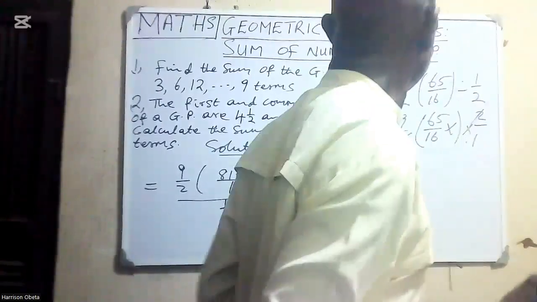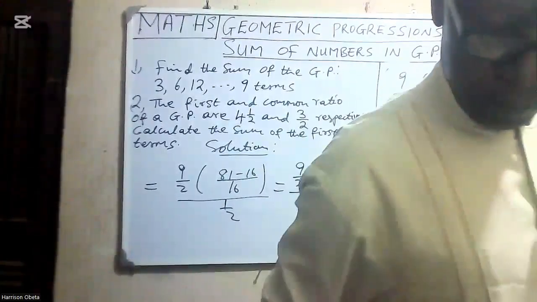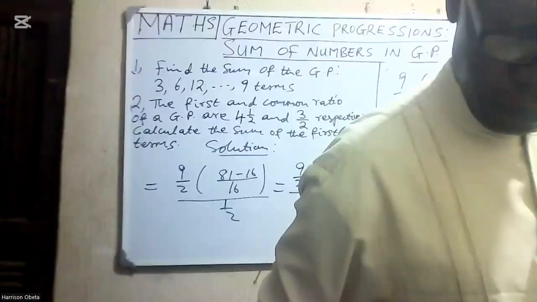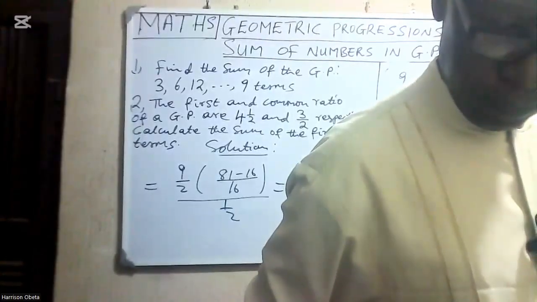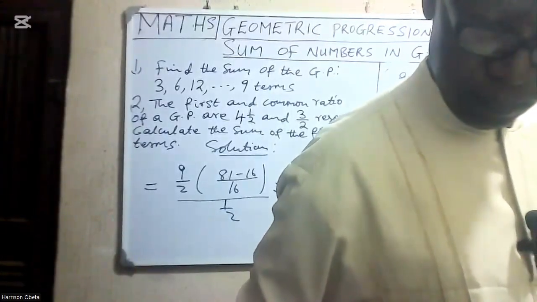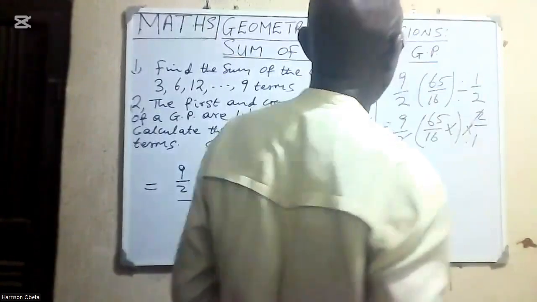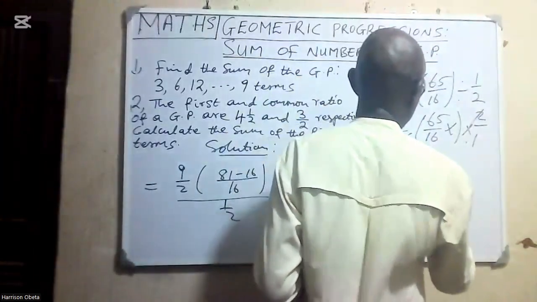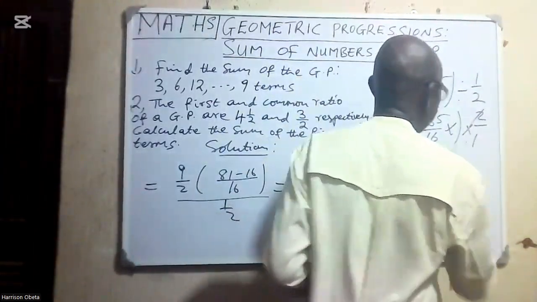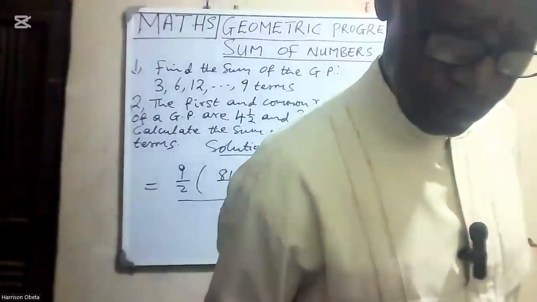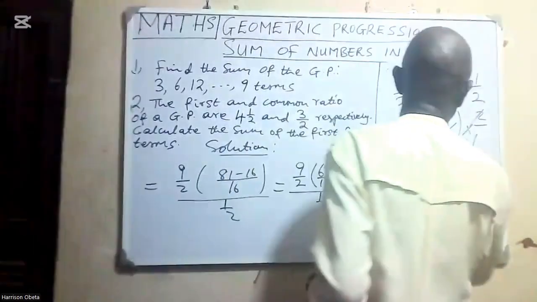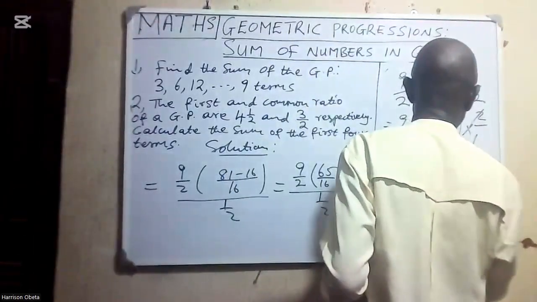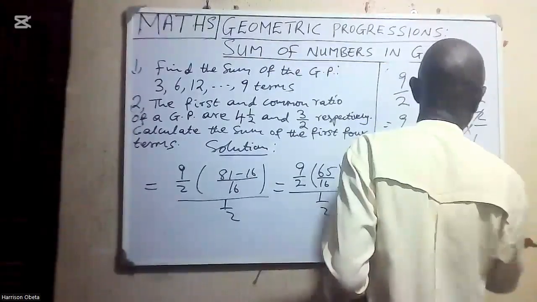So to move on, we have 585. We're dividing by 16.